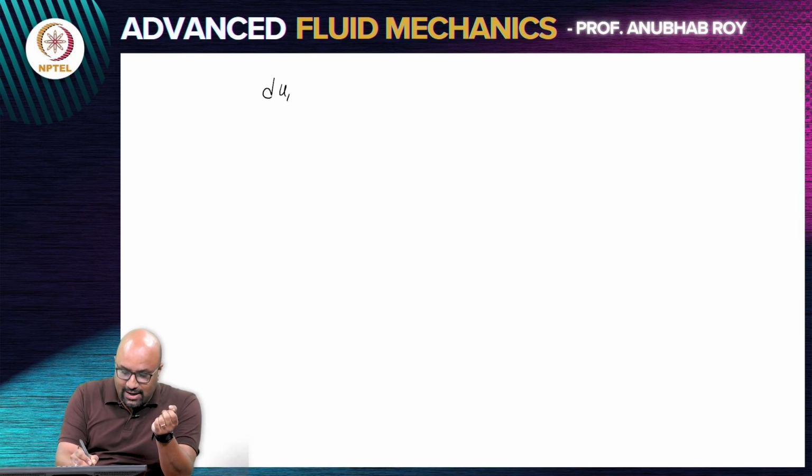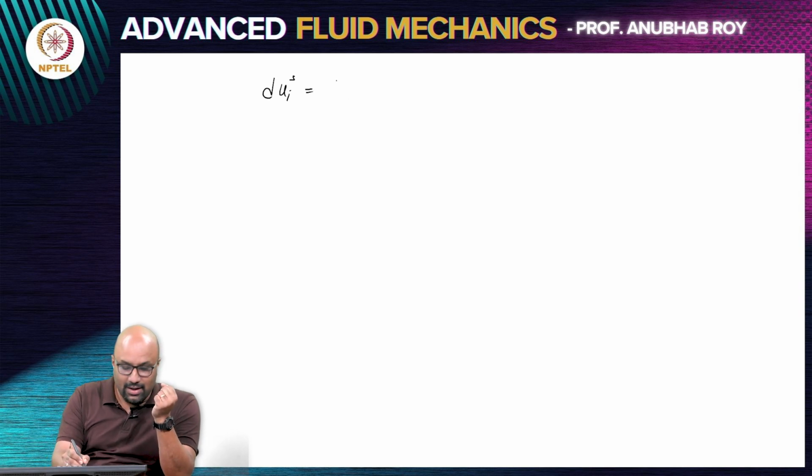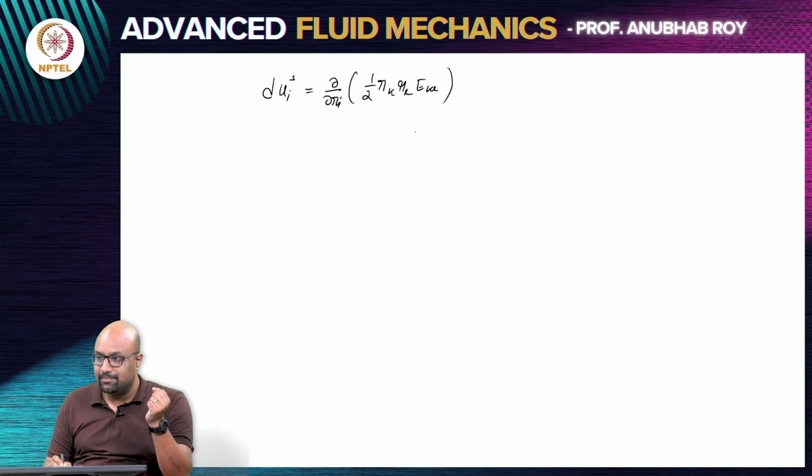So, what we said is ∂u_i^s, the symmetric part, is the gradient of that scalar, which is ∂/∂r_i of half r_k r_l E_kl in the original coordinate system.